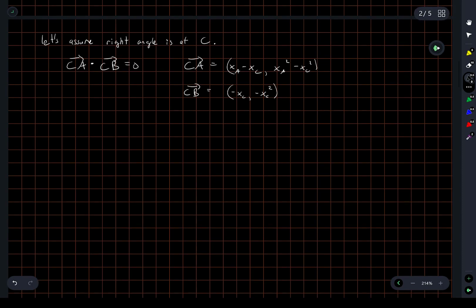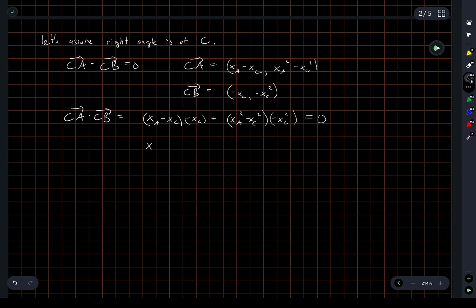Okay, so the dot product is XA minus XC multiplied by negative XC plus XA squared minus XC squared times negative XC squared. Okay, and this has to equal 0.